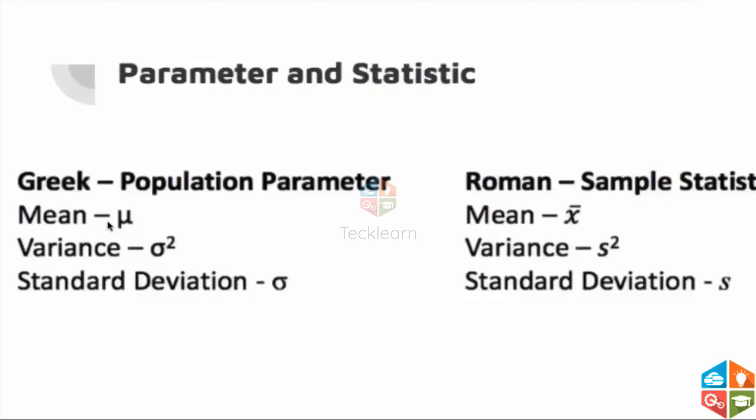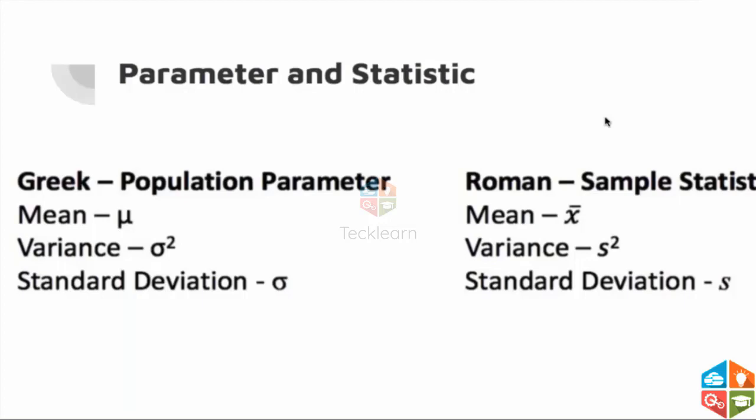All right. So how do we denote all those parameters? All the population related parameters, we denote the mean as mu, the variance as sigma square, and the standard deviation as sigma. Whereas for the statistic, we denote the mean as x bar, the variance as s square, and the standard deviation as s.